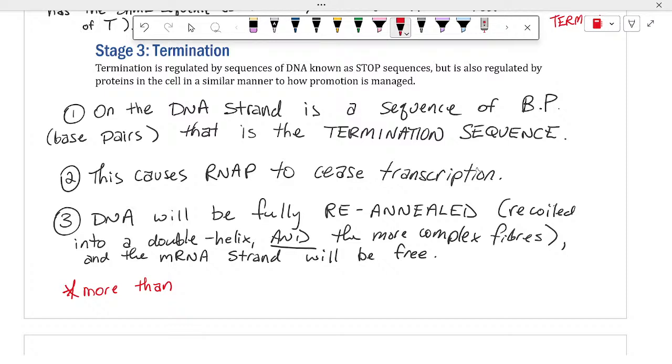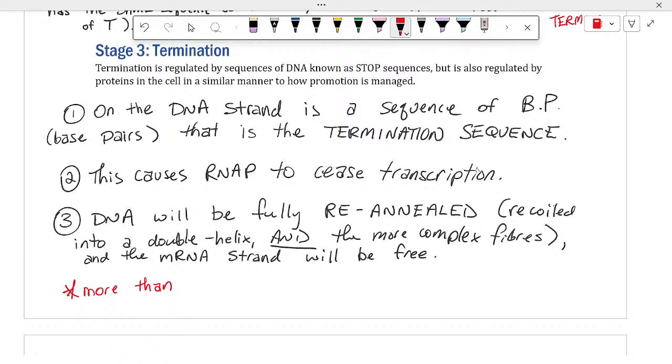Is the termination sequence related to the inhibitor site? No. But it's the same idea. The inhibitor site mostly prevents transcription by physically blocking the promoter region. There might be other mechanisms, but when I learned about it, most of them were that the enzyme that binds to the inhibitor site is just this big bulky thing that covers up the promoter, so RNA polymerase can't find the promoter and can't bind.